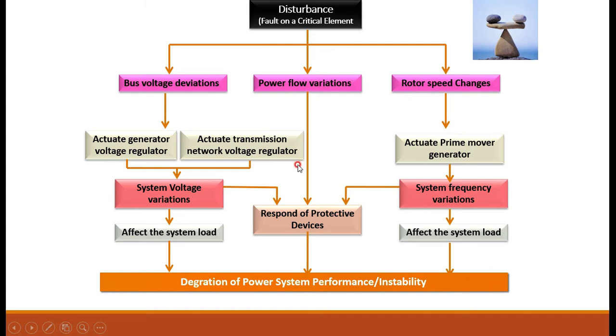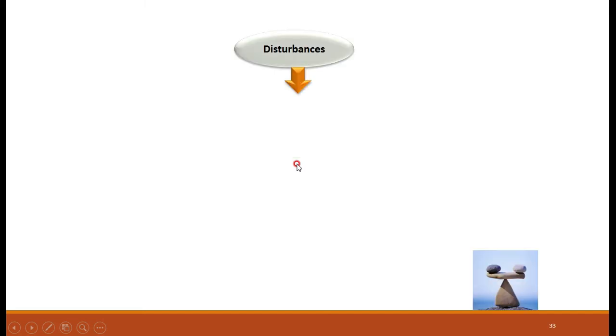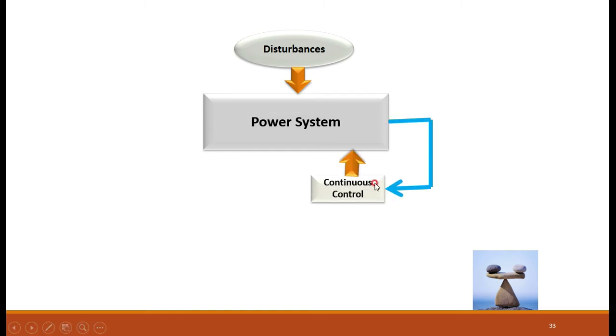Therefore, you have to take appropriate corrective measures by controlling these things. When a disturbance occurs on the power system, it should be sensed, and there is a continuous control in the system monitoring the changes in the parameters, and the appropriate controlling system will act and once again maintain the parameters of the system at their prescribed values.